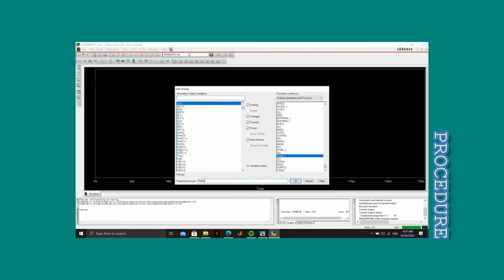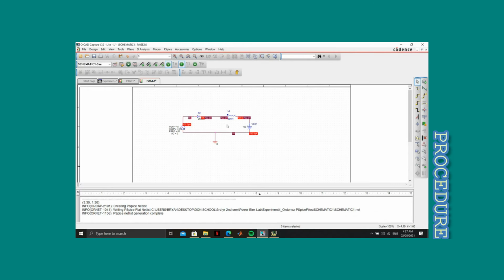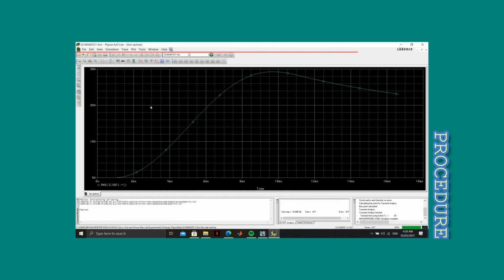So it would be DC1, I(V_DC1). We use DC1 because the first part of the experiment already used VDC. So as an addition, the DC source is automatically renamed VDC1 for the second part.